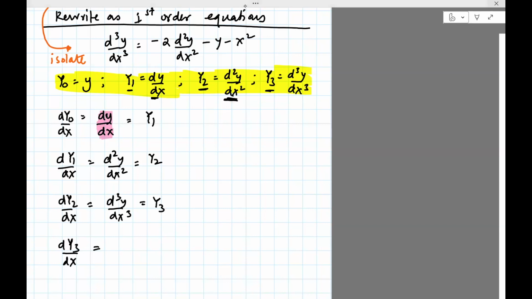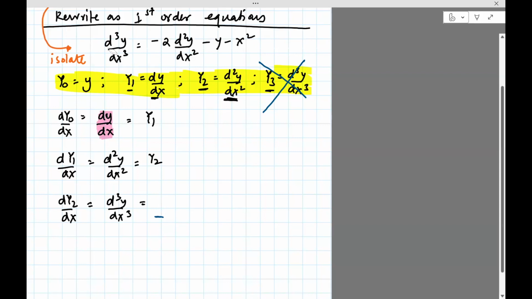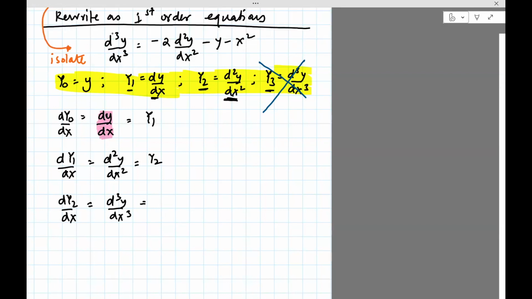I don't think I need this. Okay, why don't I need it? Well, if you see this, I already reached y3, but I don't need this. Why? Because if you look at this expression now, I need to substitute this value, but it's right here. So that value is actually in terms of the lower derivative. So I really don't need an extra variable. So my bad, I shouldn't go to y3.